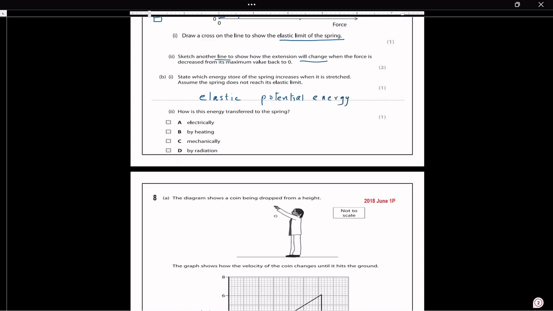So spring energy or elastic energy is a form of potential energy, elastic potential energy. How is the energy transferred to the spring? So the energy is transferred mechanically. It is not electrically, not by heating, not by radiation. So the correct answer is mechanically.